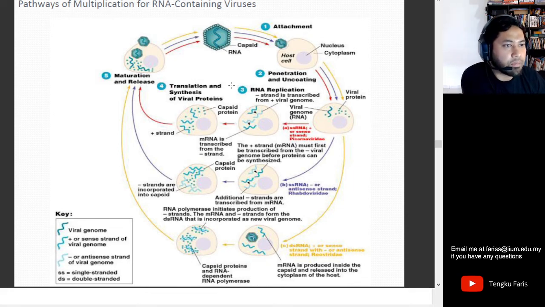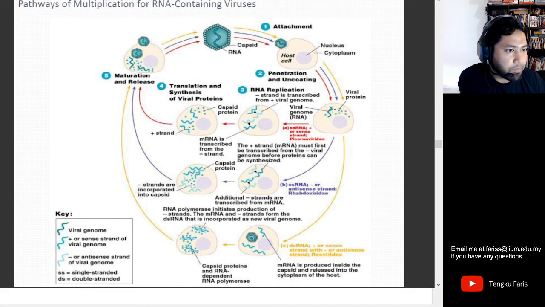It starts from the attachment to the host cells, again just like the DNA virus. After that, they penetrate and uncoat all the proteins, releasing the genetic material. If it's a negative sense strand, it needs to be converted into a positive strand first.